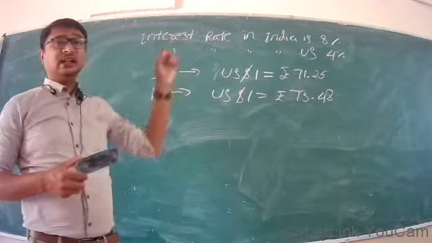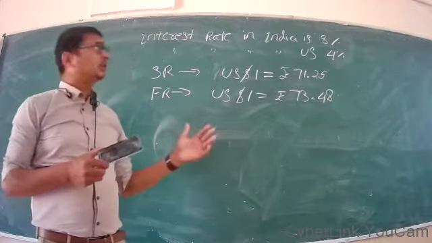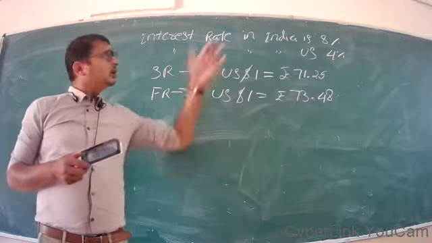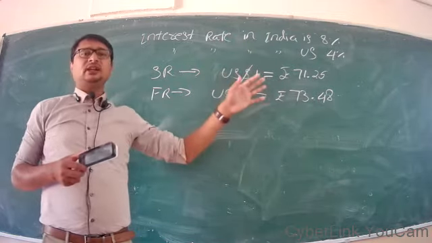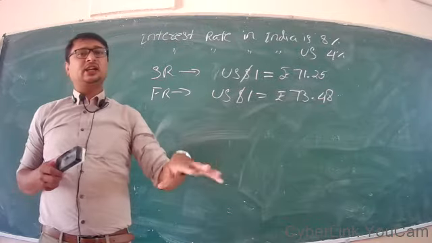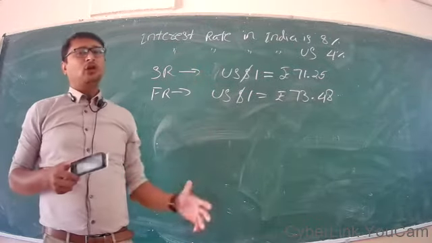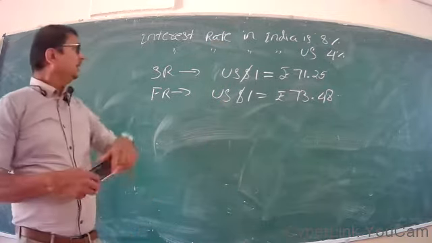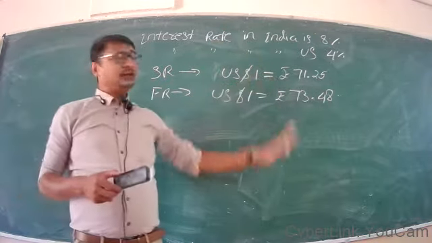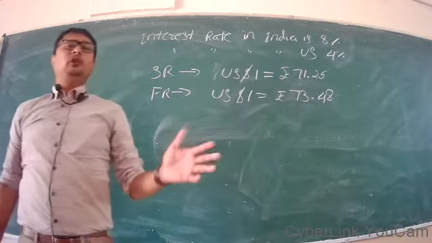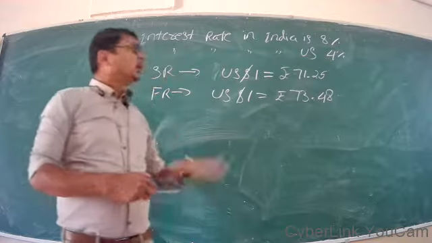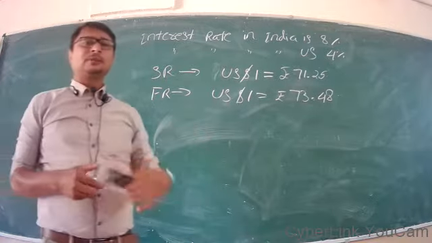The interest rate in India for deposits is 8%, and if you borrow a loan from any bank in India, you have to pay an 8% interest rate. If you deposit, you will get 8% in return. If you borrow money, you have to pay 8%. The spot rate today is rupees 71.25 and the likely forward rate after 1 year may be rupees 73.48 per US dollar.